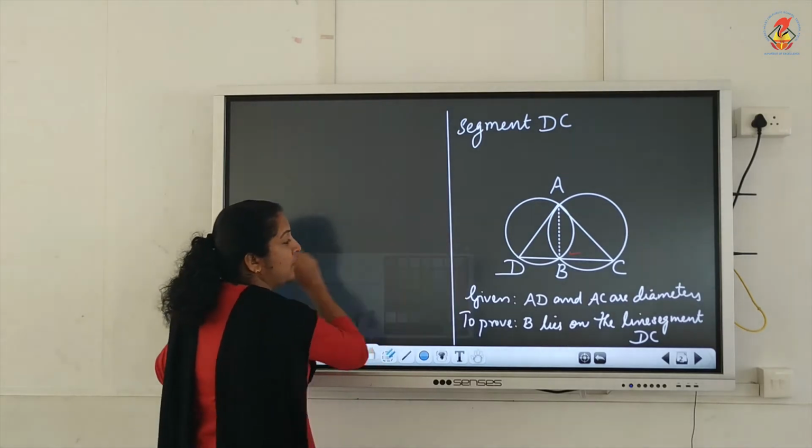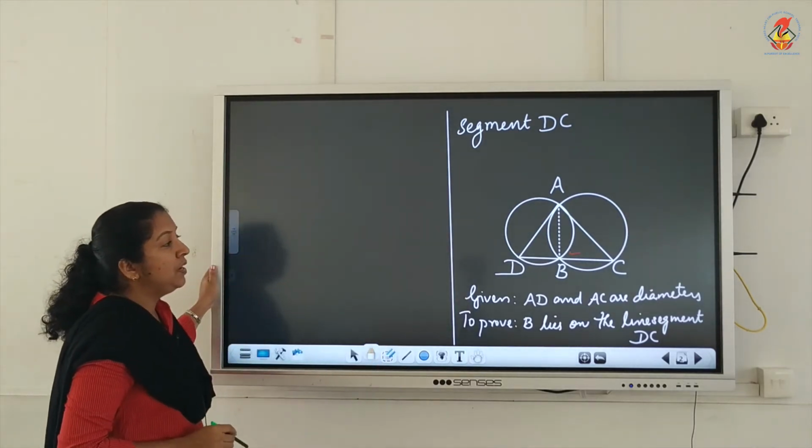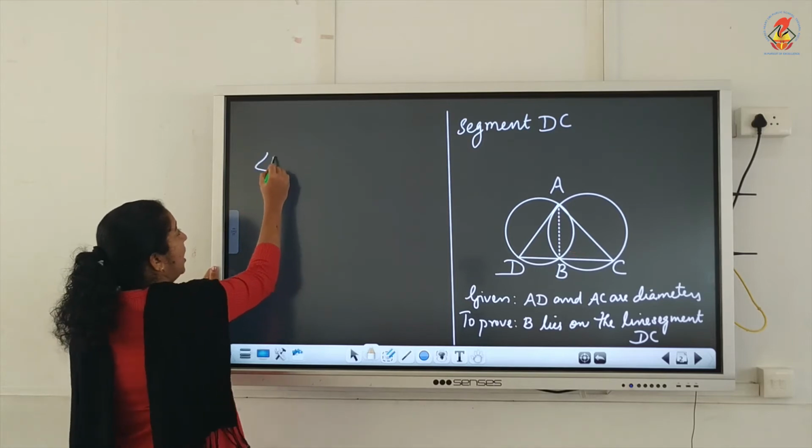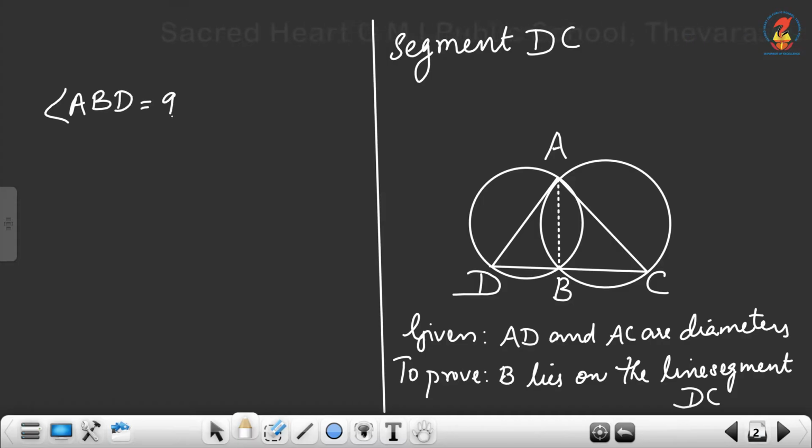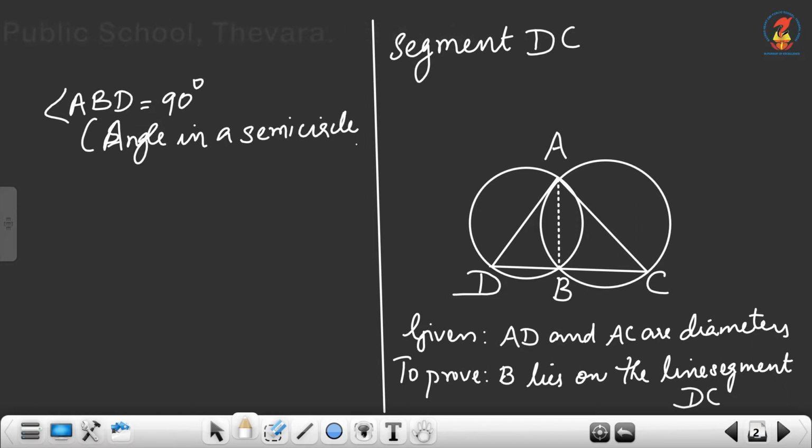We can write one by one. Angle DBA or angle ABD is equal to 90 degree. Bracket, you can write angle in a semicircle. Same way angle ABC is again equal to 90 degree.